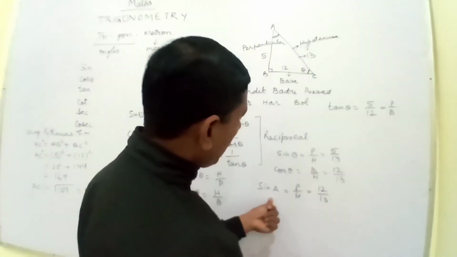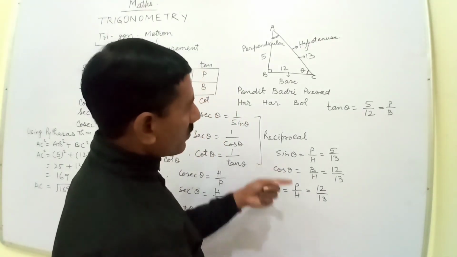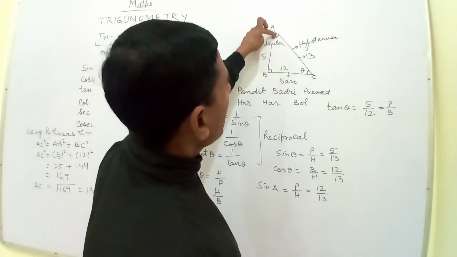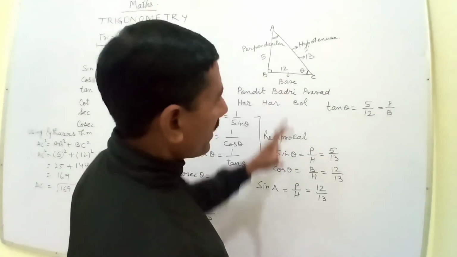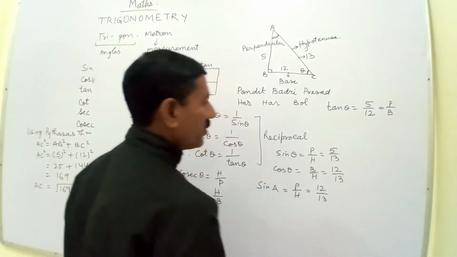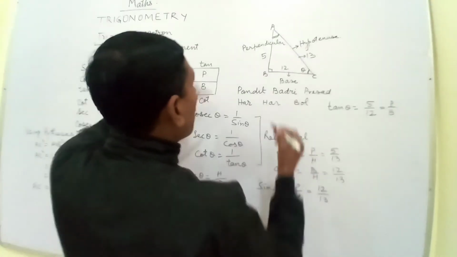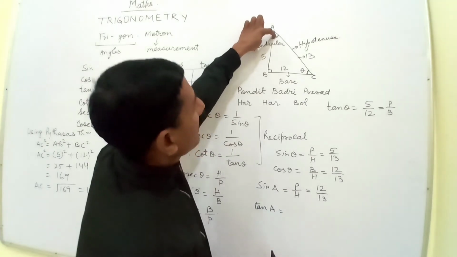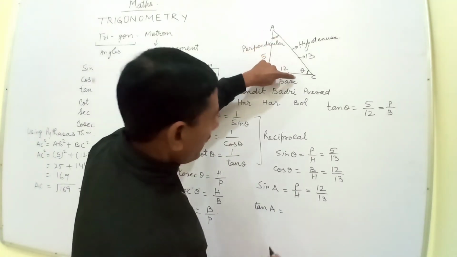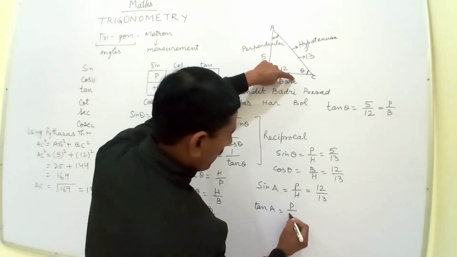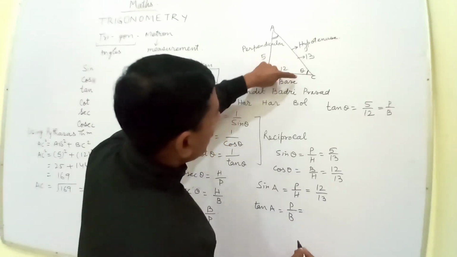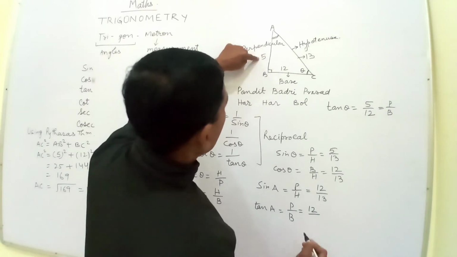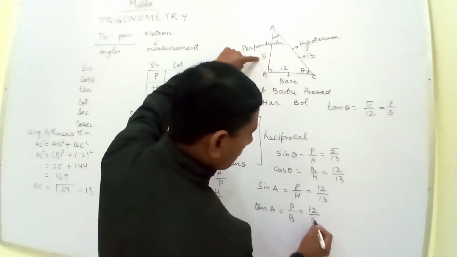So sin A will be equal to cos theta; from this angle sin gives the same value. And to find tan A, perpendicular upon base, perpendicular will be 12 and base will be 5.